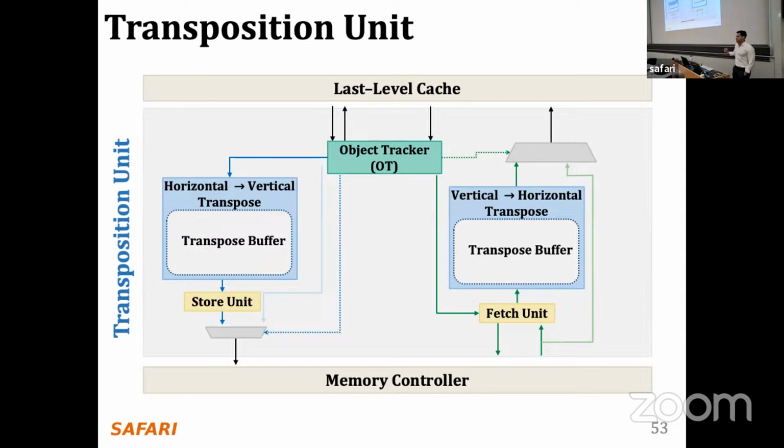For those arrays, you register their addresses to this object tracker here. And every time that a cache line of that particular memory array is evicted to the memory chip, we transpose that cache line, but only the cache lines that are registered here. So if I'm going to do addition, A plus B equals C, you would register A and B and C, and then the data of A and B will be transposed every time.